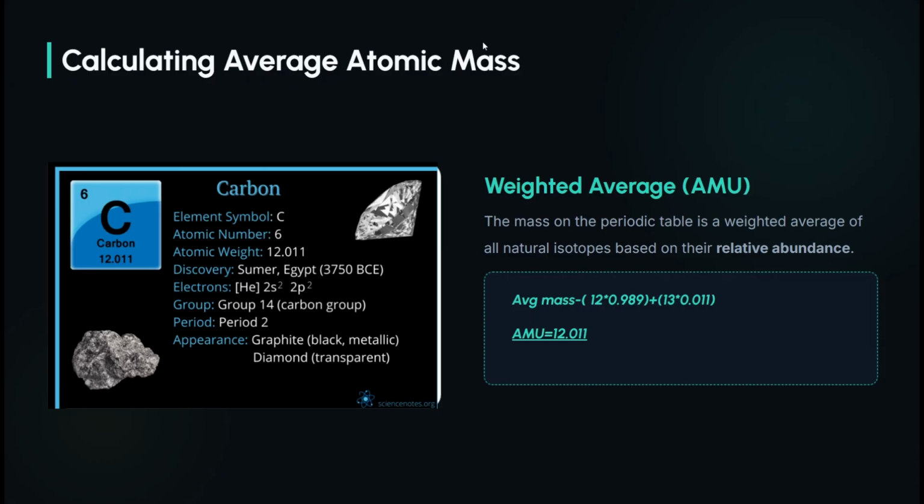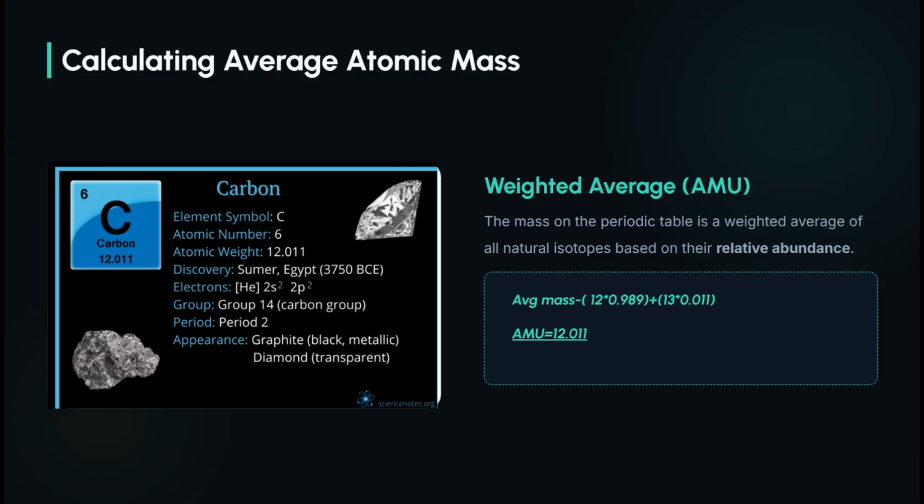Calculating the average atomic mass. So here's all the information you need on carbon, on the left. The weighted average AMU is the mass on the periodic table. The mass on the periodic table is the weighted average of all natural isotopes based on their relative abundance. For example, we can use carbon. There are 2 main types we use.